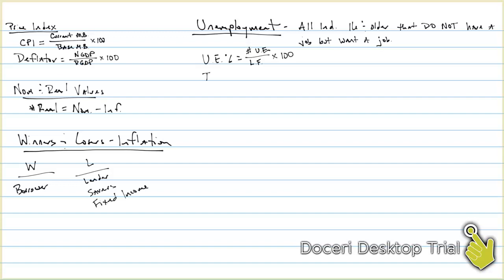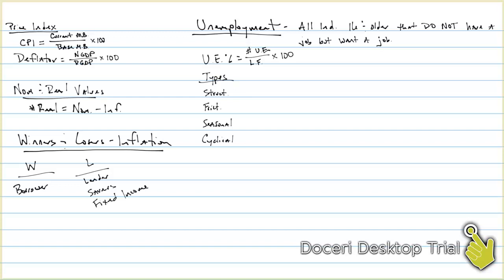4 types. All right, structural. So let's go through this quickly, a short and sweet explanation of each type of unemployment.